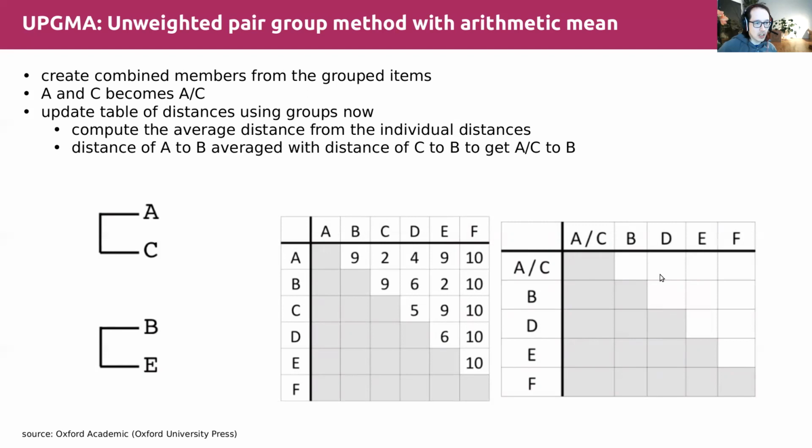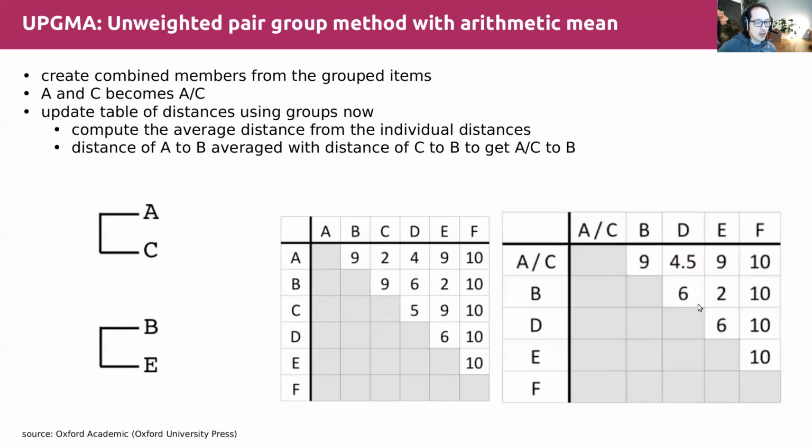Let's say we wanted to check D. So we would check first A to D, which is 4, and then C to D, which is 5. So we compute the average of 4 and 5, which is 4.5, and that becomes the value we place in this square here.